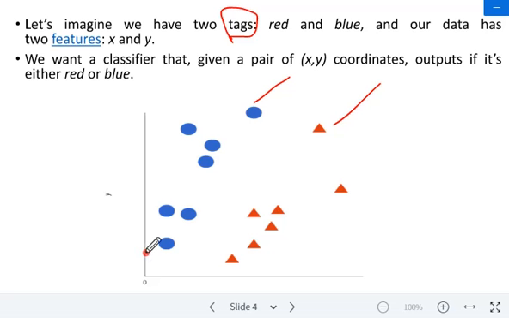So we plot our labeled training data on the plane. Whatever records we have in the training data, we plot in the form of x and y. This is the x-axis and this is the y-axis.